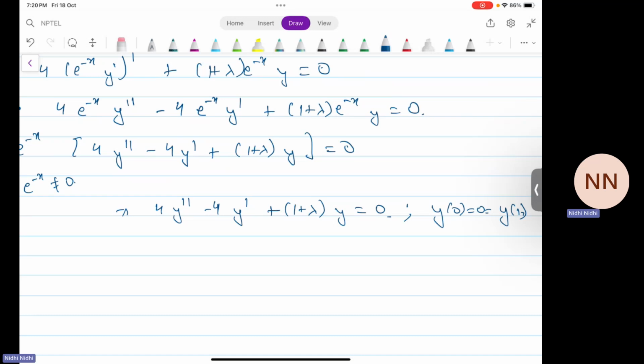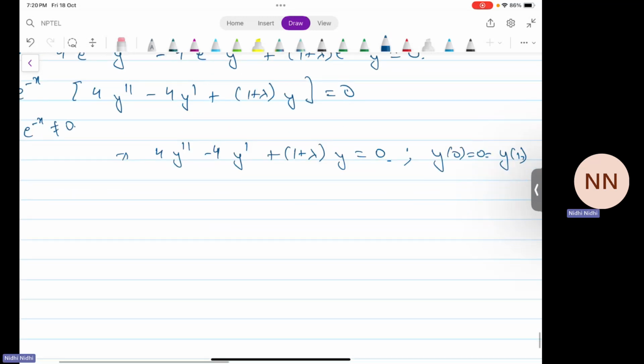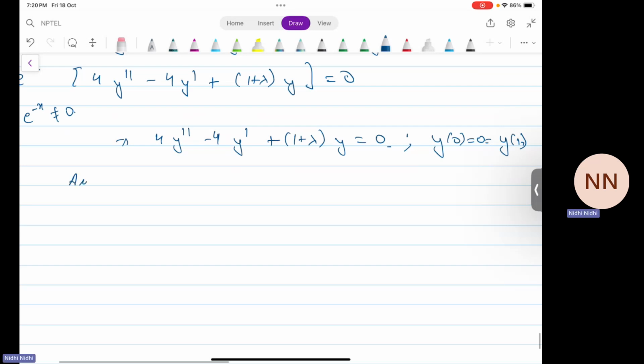The auxiliary equation is 4r square minus 4r plus 1 plus lambda equals 0.